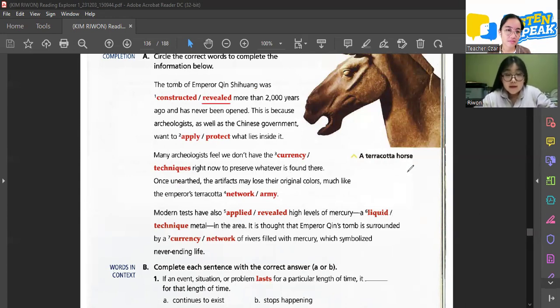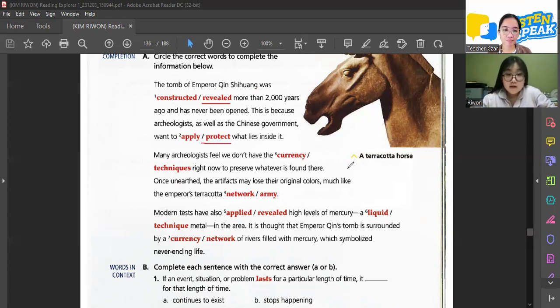This is because archaeologists as well as the Chinese government want to protect what lies inside it.